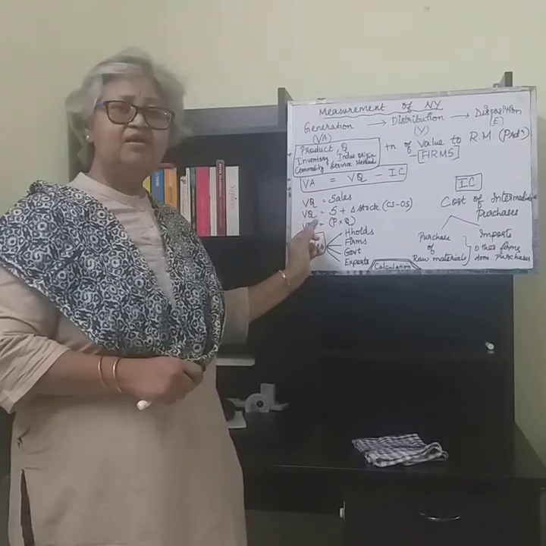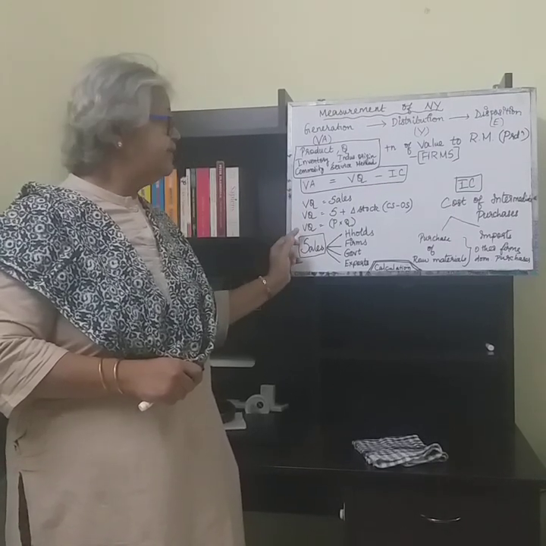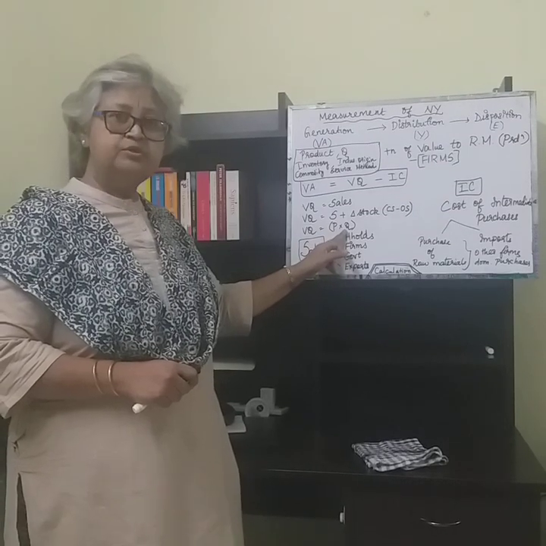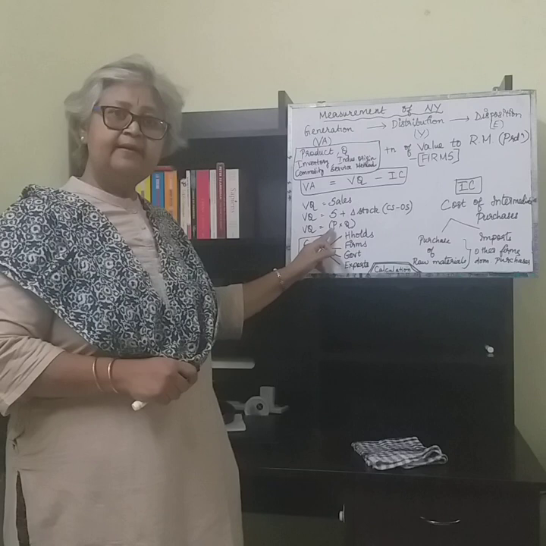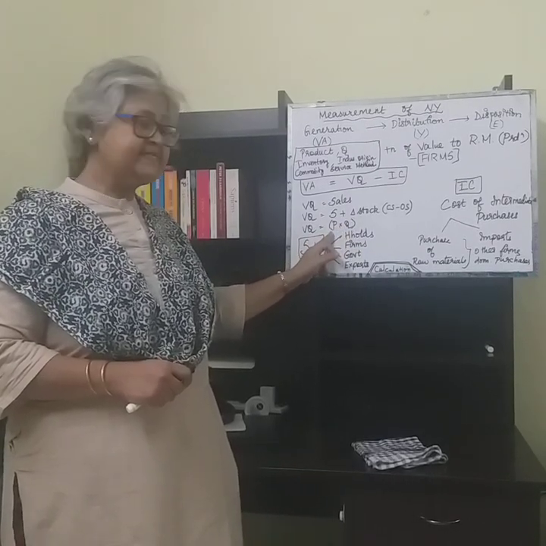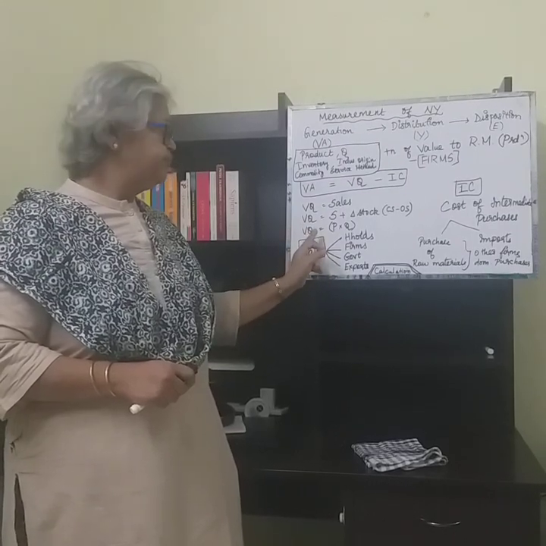So that's the second method of finding out the value of the output. The third method is the output that is produced. It has to be evaluated at the market price. So output into the price will result in value of the output.